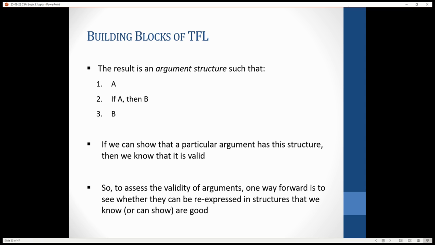So here's something nice. To assess the validity of an argument, at least some ways an argument can be valid, we don't even care what it says. All we need to know is that it fits this structure. If we can re-express the argument in this structure, regardless of what the A's and B's are, it's at least valid.